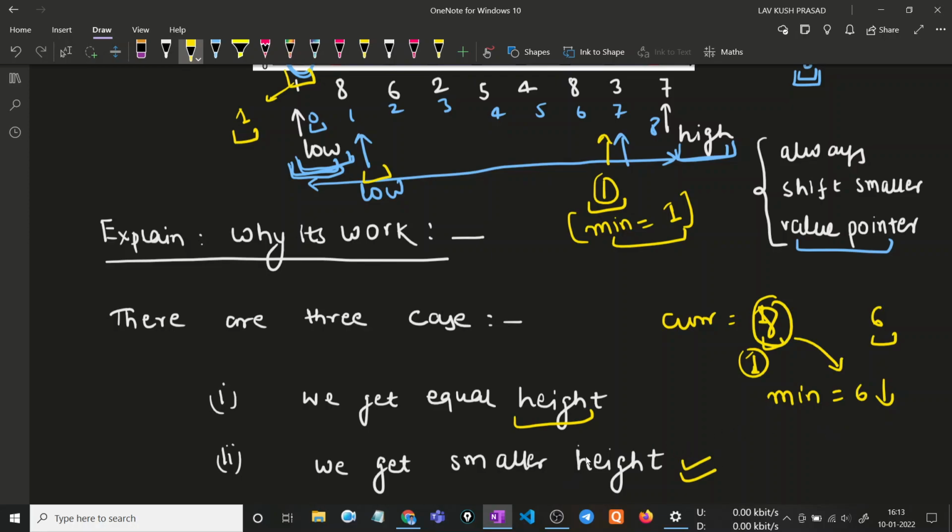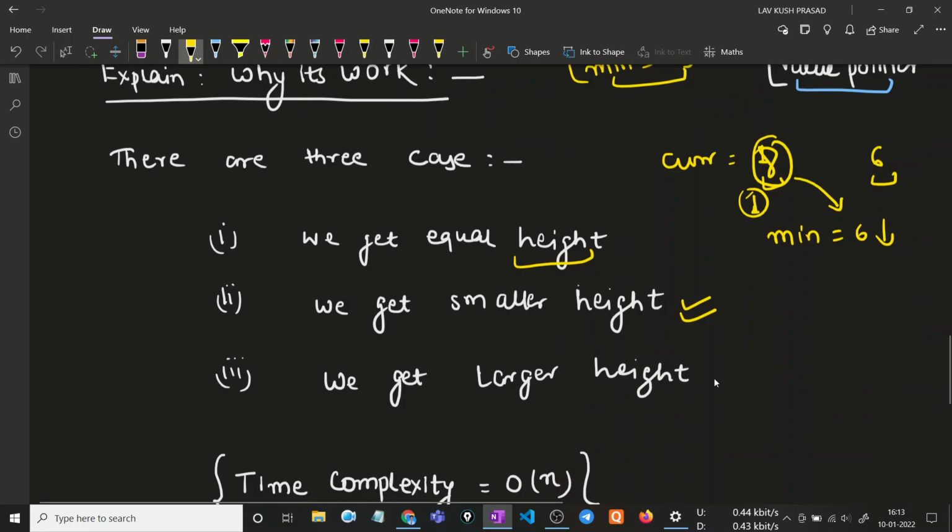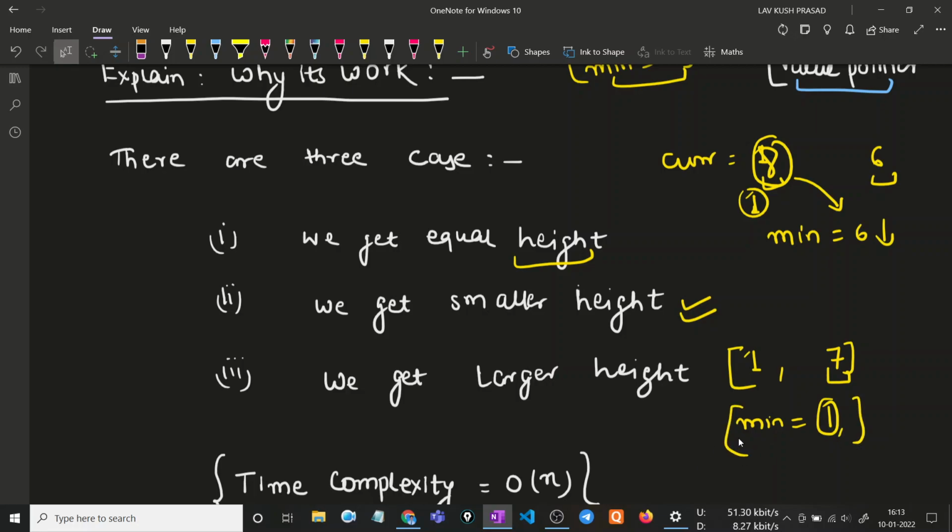And suppose the current height is 1, and we get another height 7. If you take the minimum, we get 1, not 7, so our result will also be reduced here.